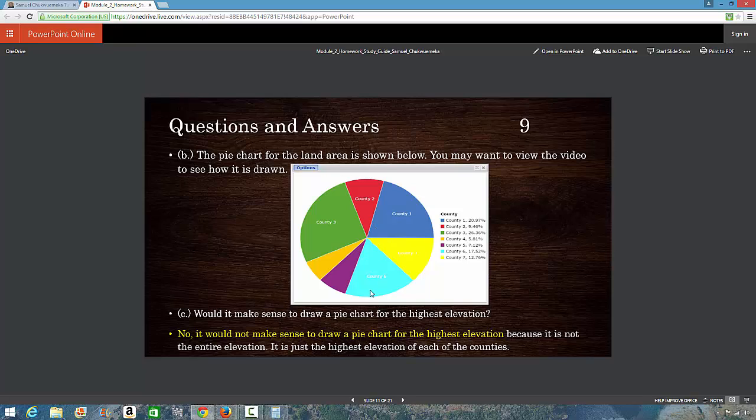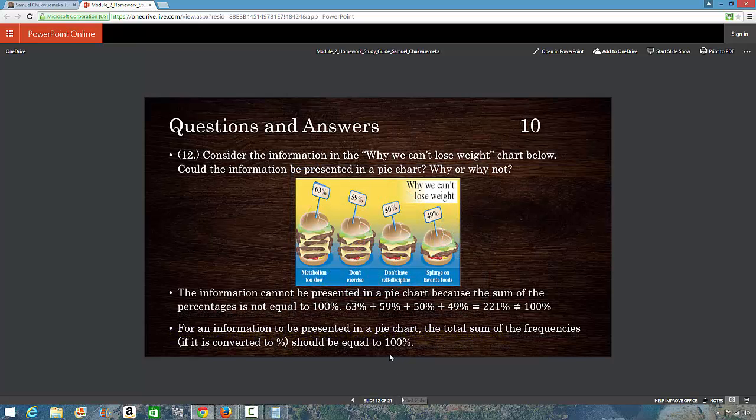You have to calculate these angles, the sectorial angles. So the first thing about a pie chart is the sum of the sectorial angles in a pie chart will be 360 degrees.